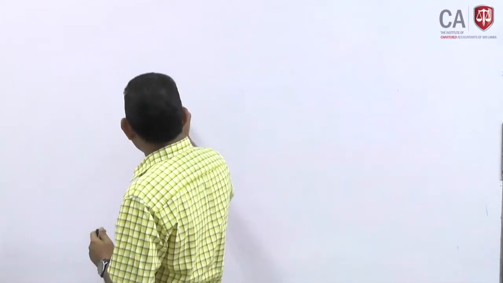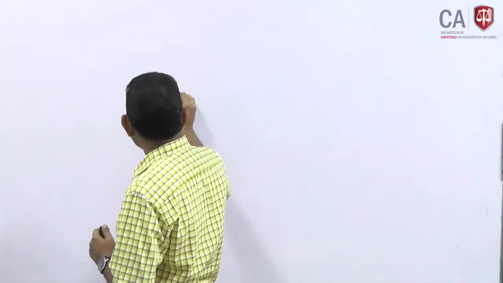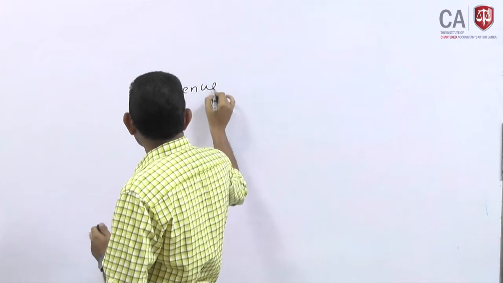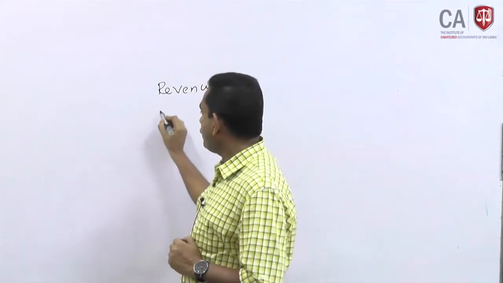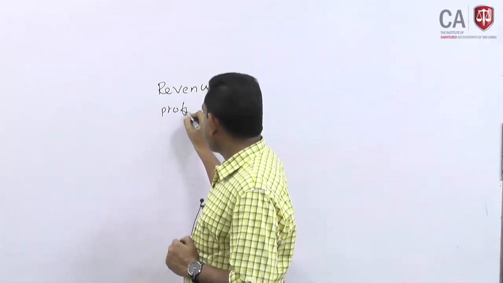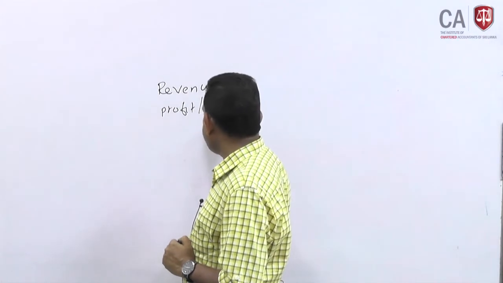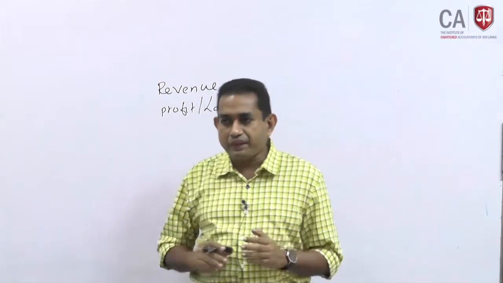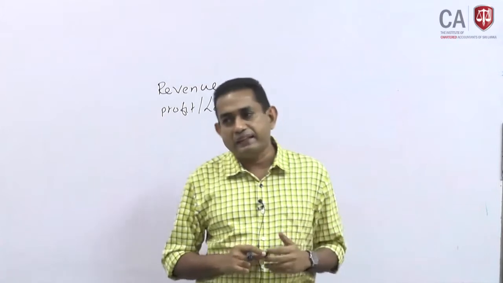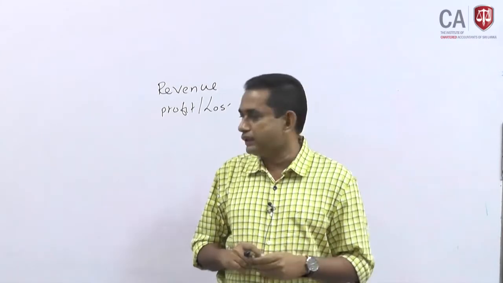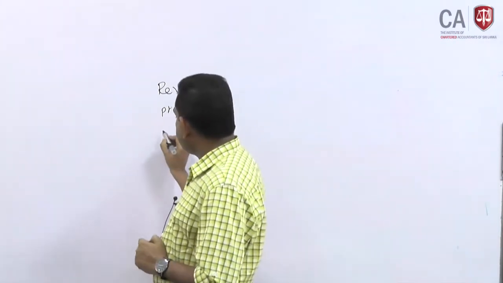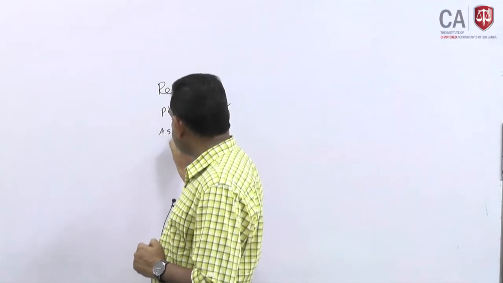First is the revenue threshold. Second is the profit or loss threshold. This is a bit of a tricky one, and you need to get it right, if not, you will make mistakes in the exam or in a practical scenario. Third is the assets threshold.